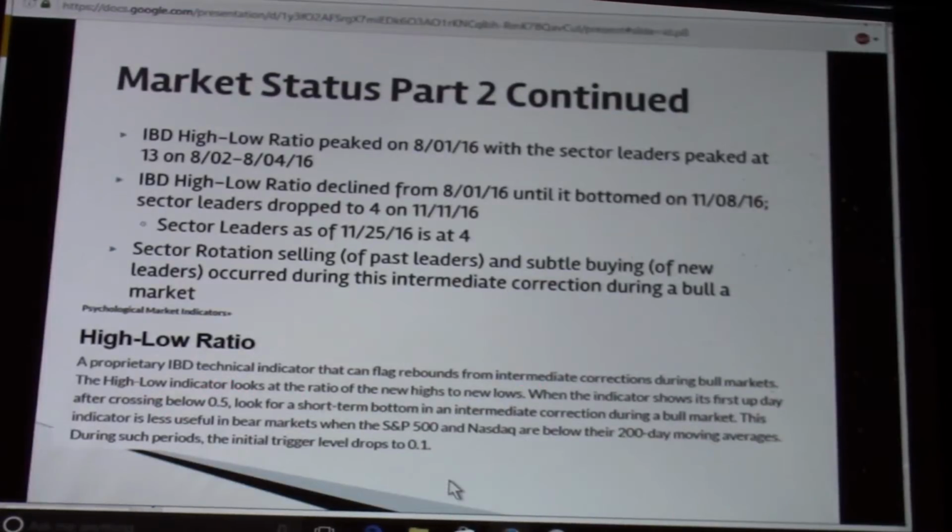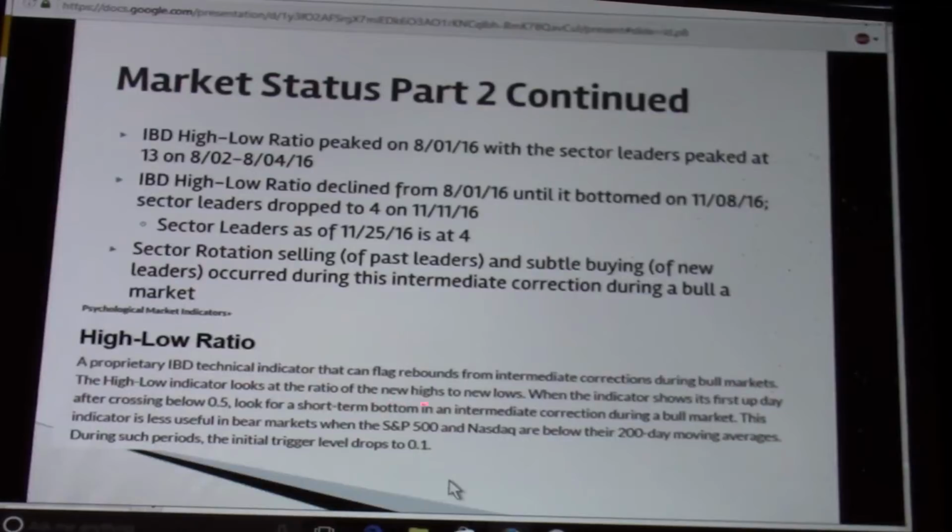And by the way, the mid caps and the small caps, I know the big caps only corrected 3 to 4%, but the mid caps and all them corrected 8 to 12%, which is an intermediate correction. And when those that are doing the intermediate correction then do the powerful follow-through day, you pay attention.